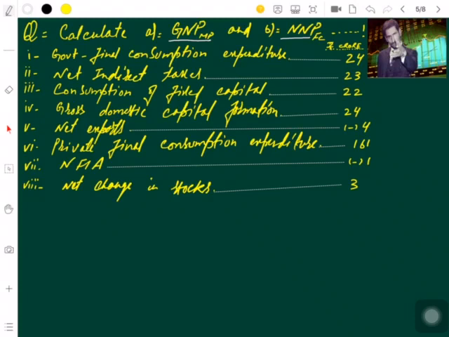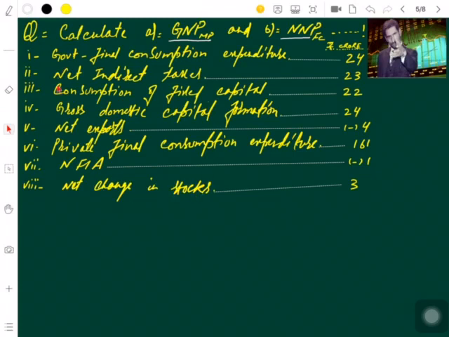This numerical pertains to the expenditure type. This is from the expenditure point of view. Now, when you are asked in exams, you must be aware of the components given: government final consumption expenditure, net indirect taxes, consumption of fixed capital, gross domestic capital formation, net exports, private final consumption expenditure, net factor income from abroad, net change in stock.